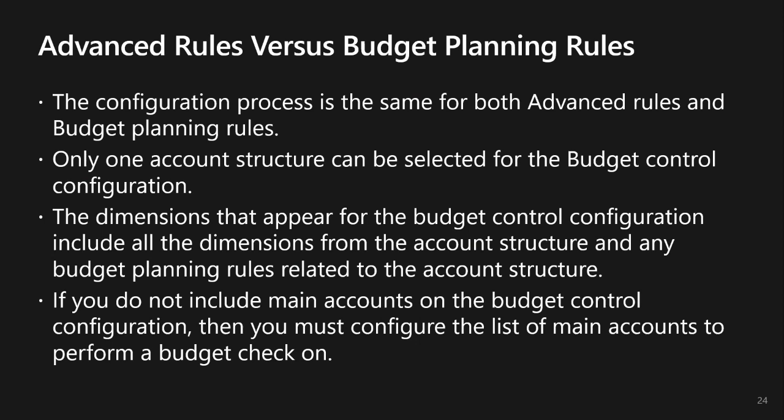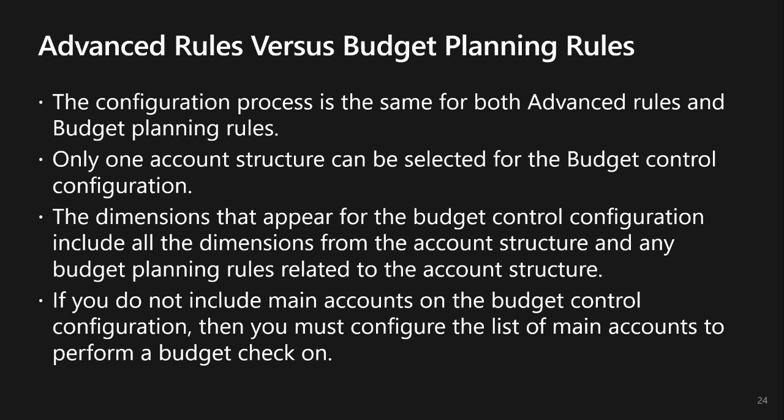And if you have split up your P&L into multiple, you're going to select the one that has the most dimensions that you want to implement budget control by. The list of main accounts in your account structure is not actually restricted in budget control. It's only used to figure out which dimensions should be used for your budget control.